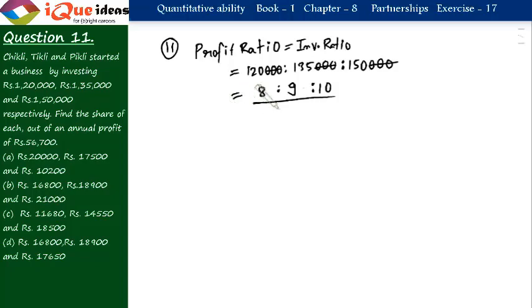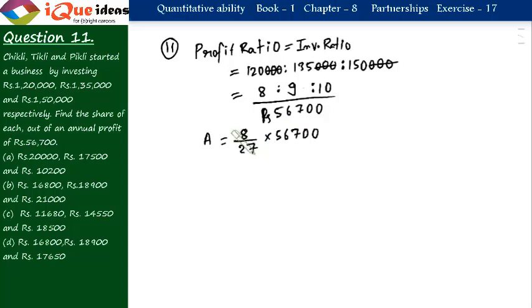Now the total profit is 56,700 rupees. The question is find their individual shares. So individual share of A would be 8 divided by 8 plus 9 plus 10, that is 27, into 56,700. So if you cancel 56,700 by 27, I think it will get cancelled by 27.